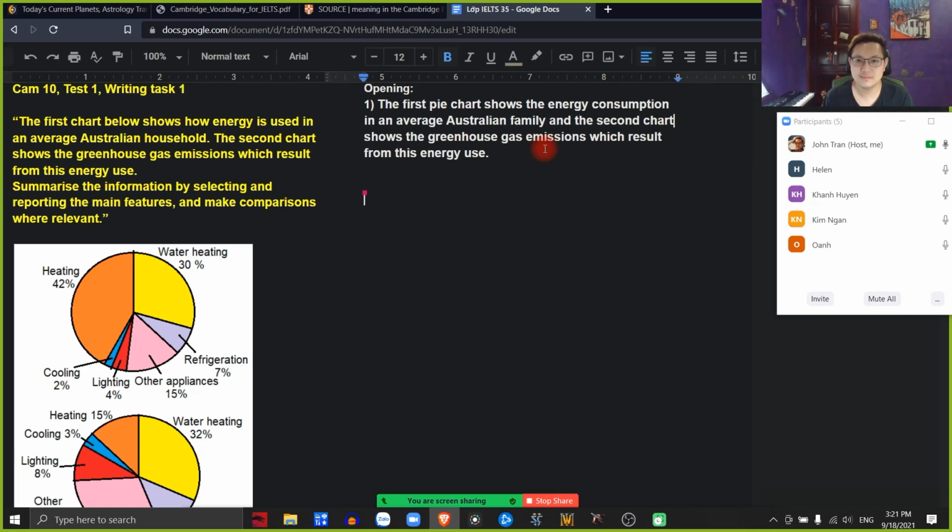The second one. The later chart. Because we mentioned the word chart before, so the second is the second one. Okay. Mình nói chữ chart trước rồi, cho nên mình thay thế bằng chữ one ở cái thứ hai. And the second one shows, so because we used the word show already, let's change it.